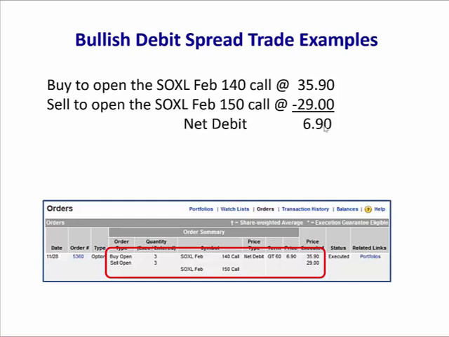And that would be debited from your brokerage account, and hence the name debit spreads. So again, we bought to open the 140 call at 35.90, sold to open the 150 call at 29. We get a credit for that sale, so the spread winds up costing us $690.